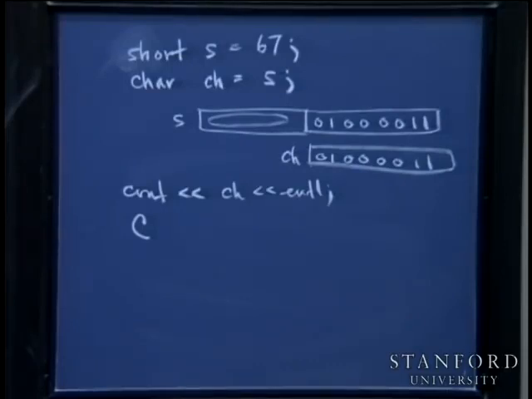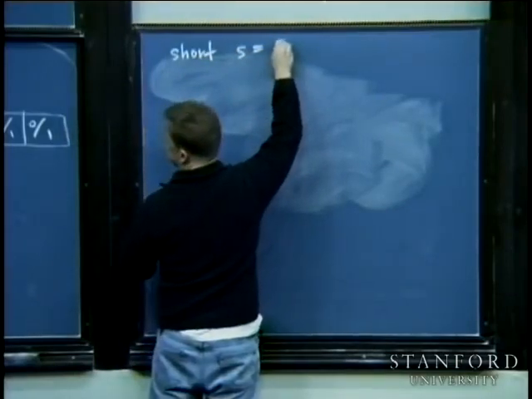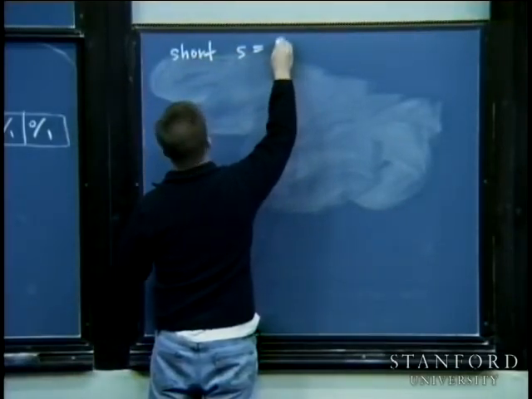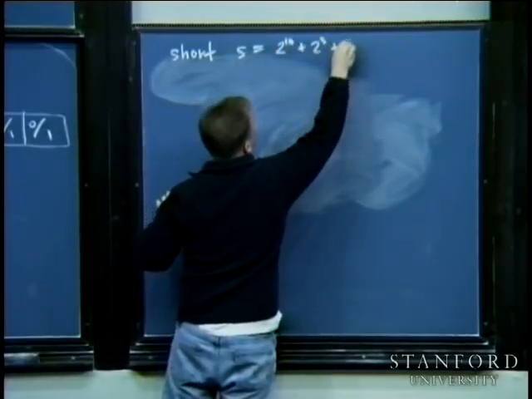So let me deal with this example. I go ahead and I do a short s is equal to, let me write it this way, 2 to the 10th plus 2 to the 3rd plus 2 to the 0.